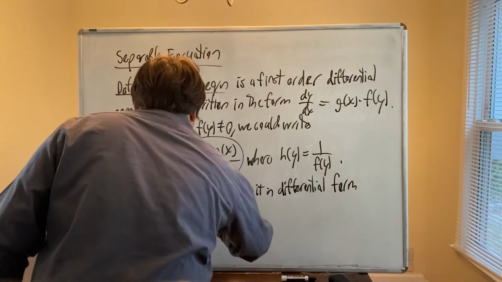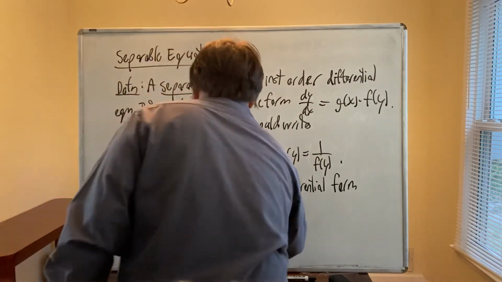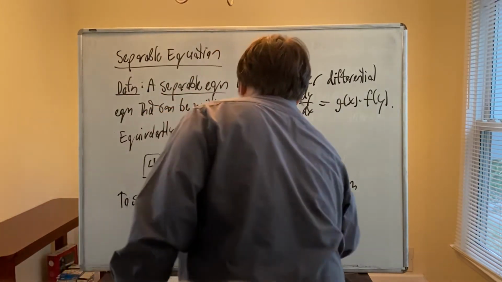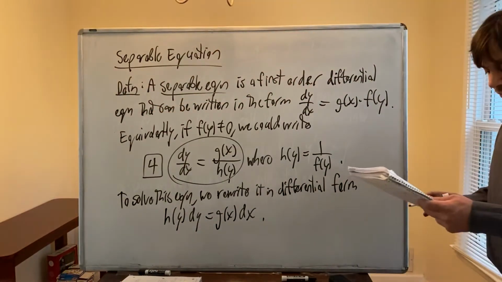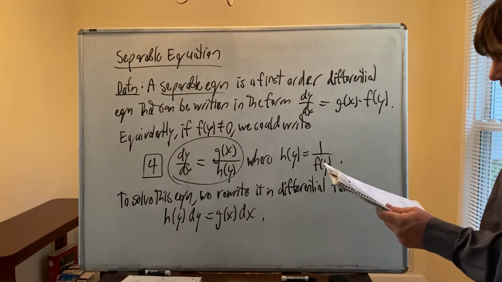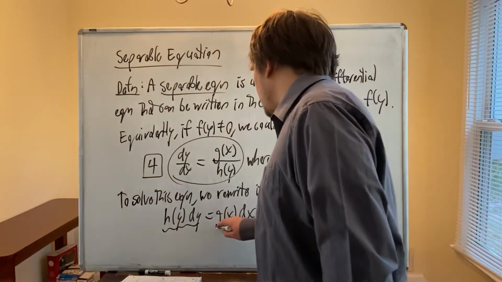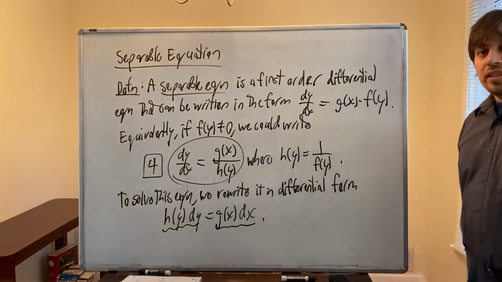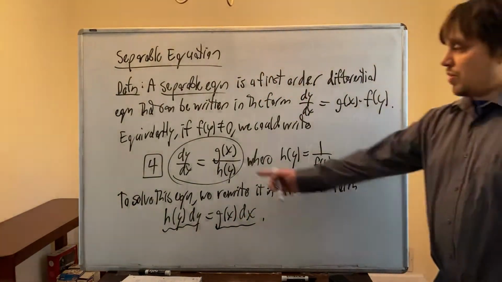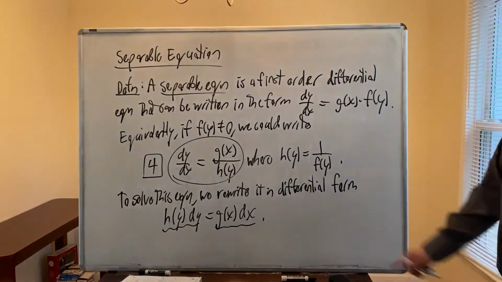H of y dy equals g of x dx. Okay, so now all the y's are on one side of the equation and all the x's are on the other side of the equation. That's why we write it that way, so we could do this.